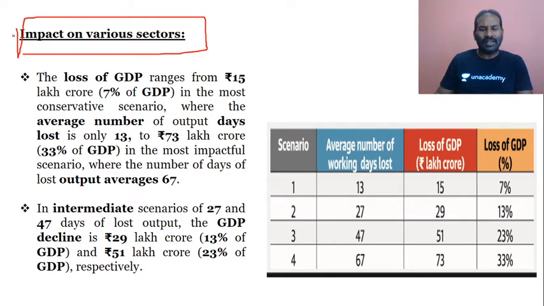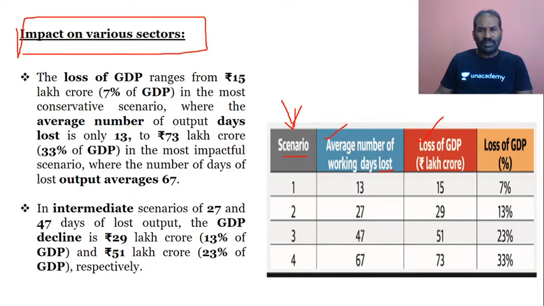This is the scenario taken: the average number of working days lost because of the national lockdown. So many days have been lost, so what is the loss of GDP in lakh crores?